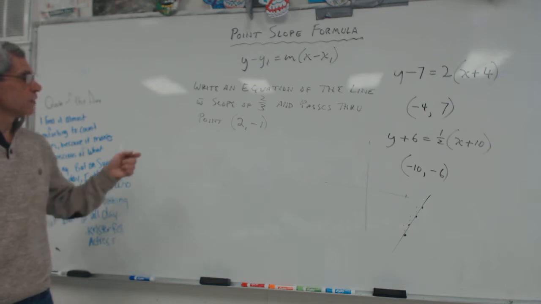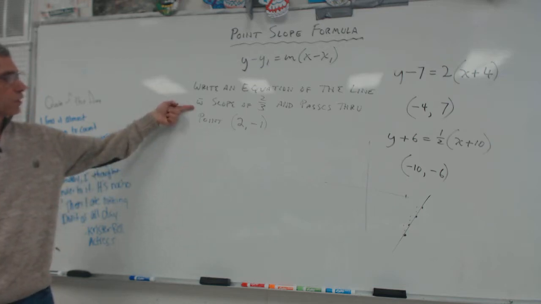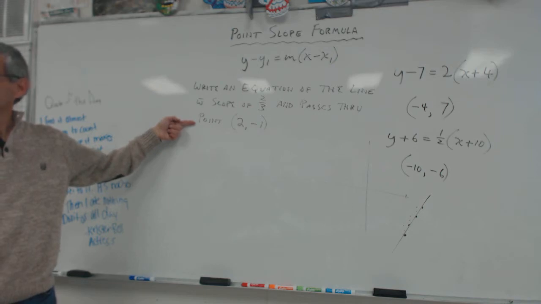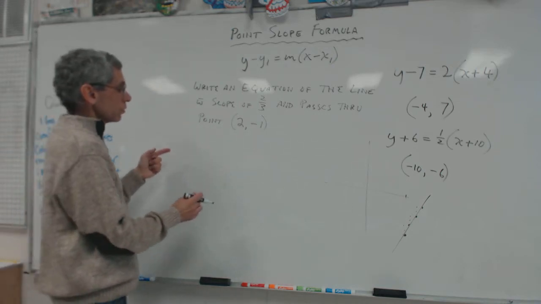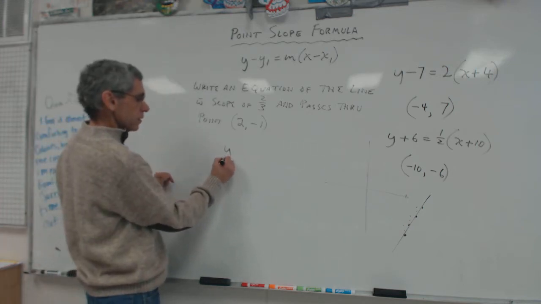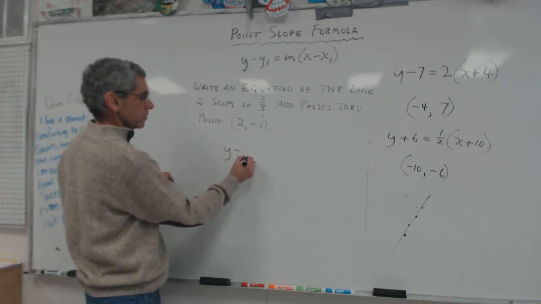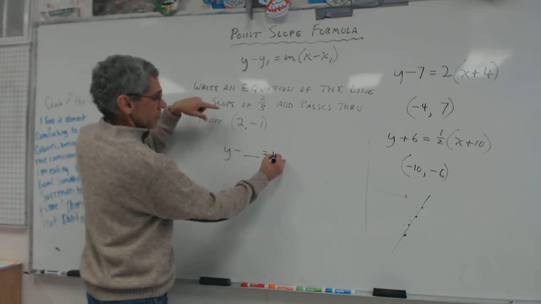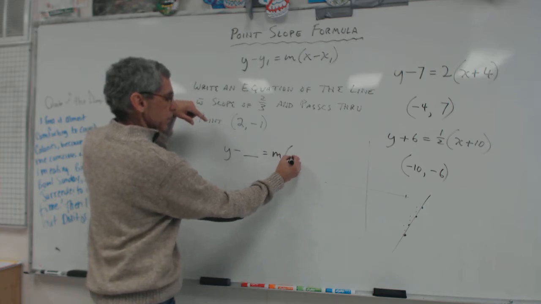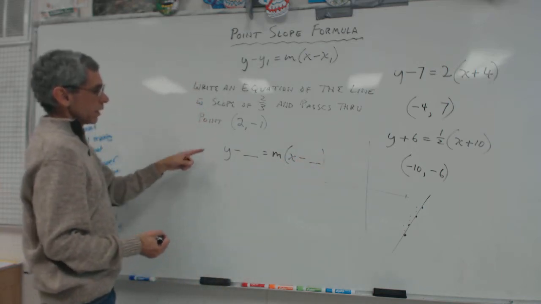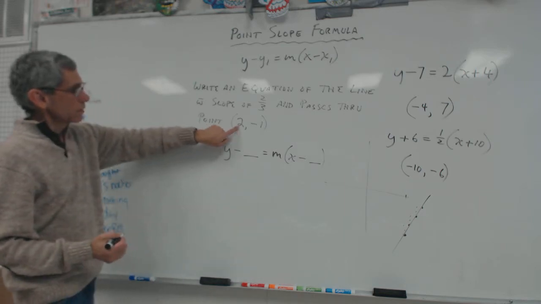So write an equation of the line that has a slope of 2/3 and it passes through this point, 2 comma negative 1. Okay, so we have to remember our equation. It's y minus something equals m times x minus something. This is my x.